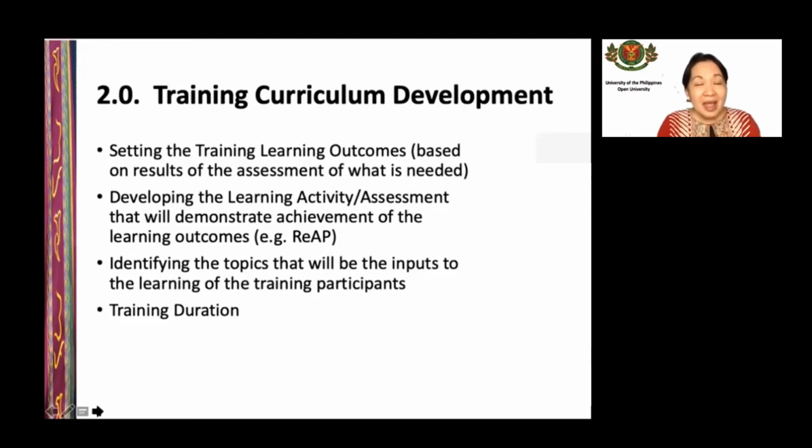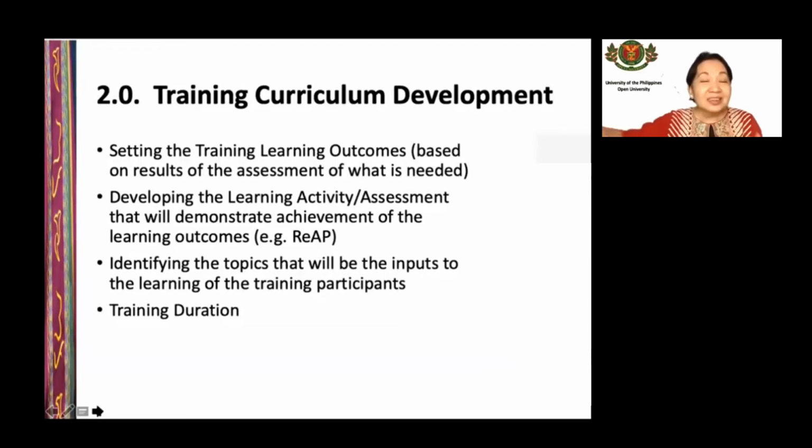Because for me, what I hope to see in them after my training is that they will be able to design the review, the lesson that will be asked of them to handle. Kasi di ba pagka review session yan, kanya-kanya yan ng topics na i-handle sa review. But for them, their outcome is for their reviewees to pass the licensure exam.